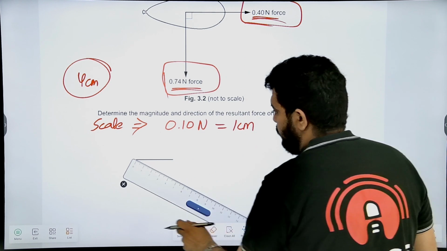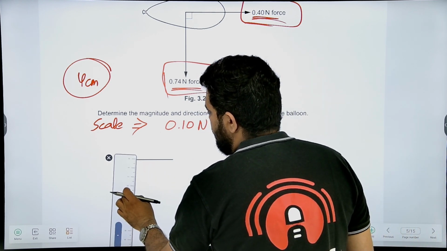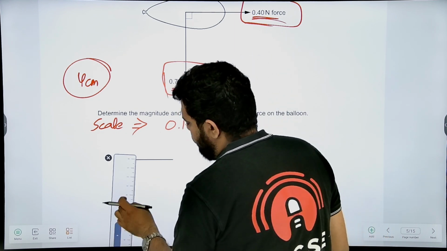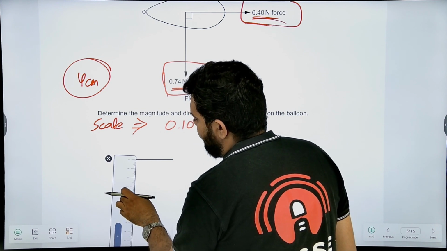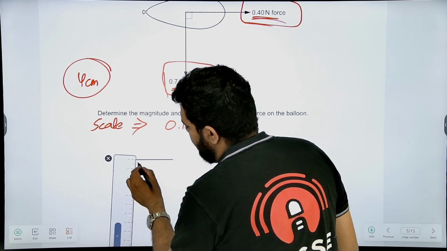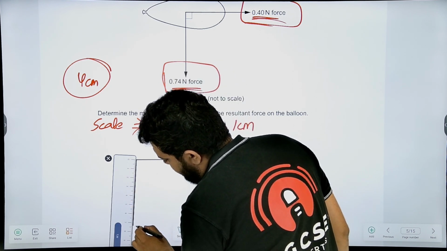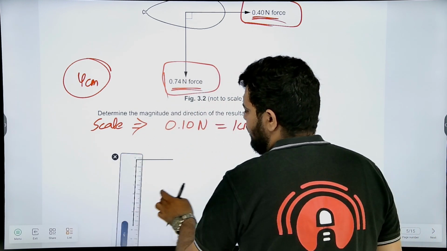Now at 90 degree, what should happen? This should be 0.74, or because it is in centimeter, it should be 7.4, right? Let's draw a line of 7.4 centimeter. This is a line of nearly 7.4 centimeter.